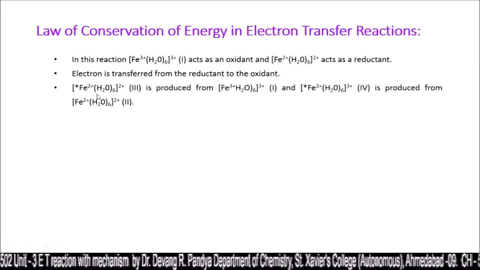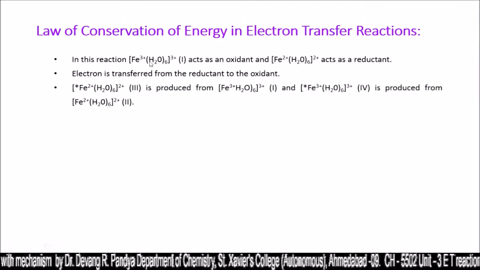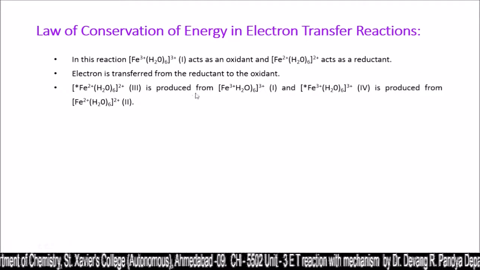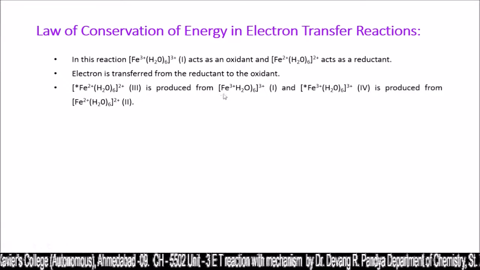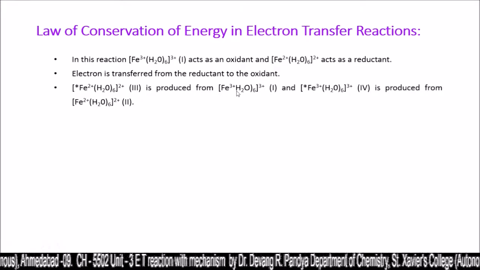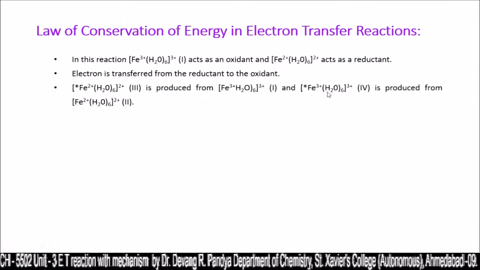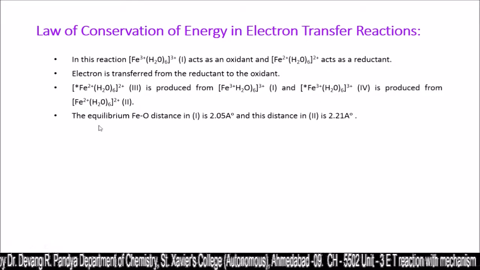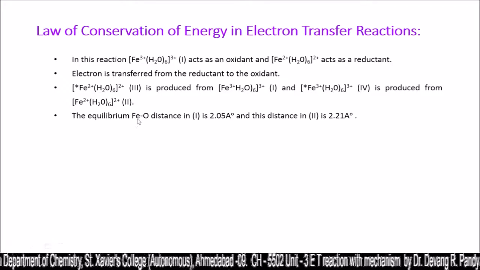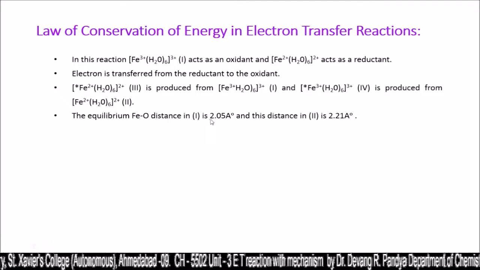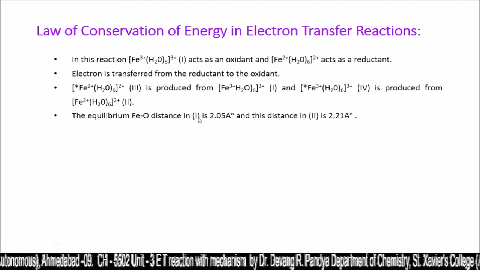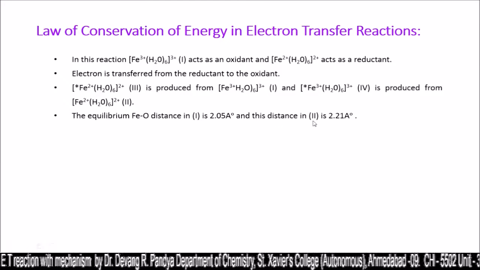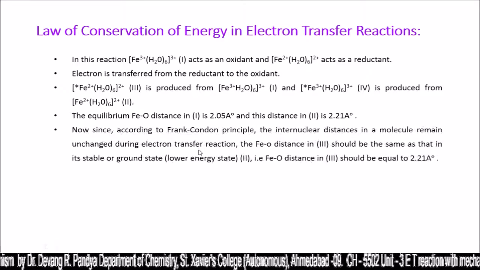Product 3 is produced from the oxidant and product 4 is produced from the reductant. The equilibrium Fe oxygen distance in the first one, the oxidant, is 2.05 angstrom, and in the reductant it would be 2.21 angstrom.